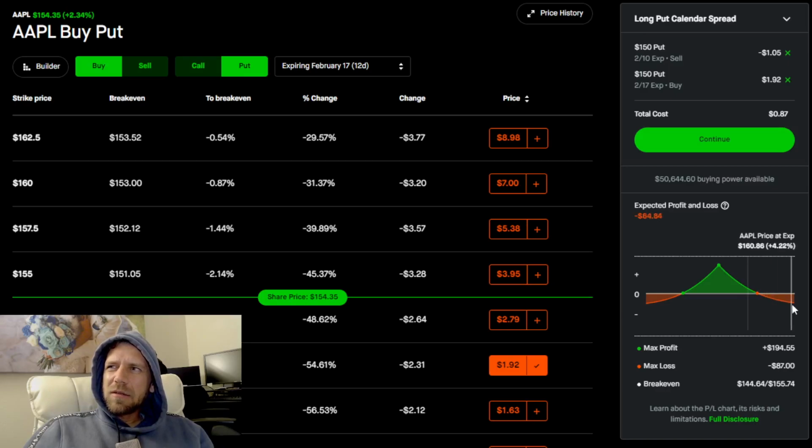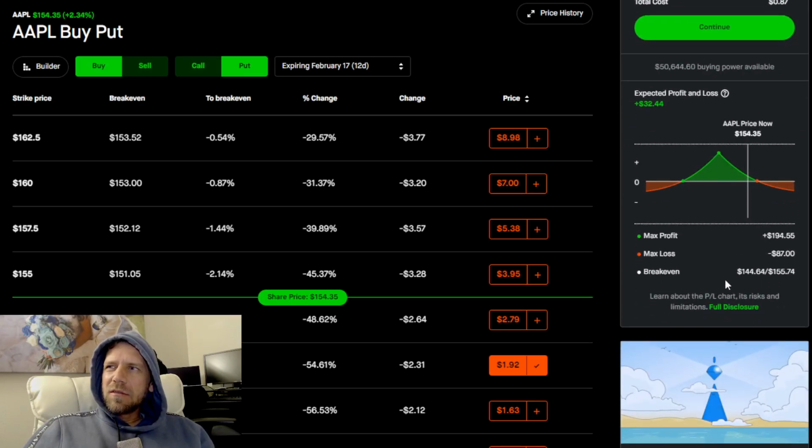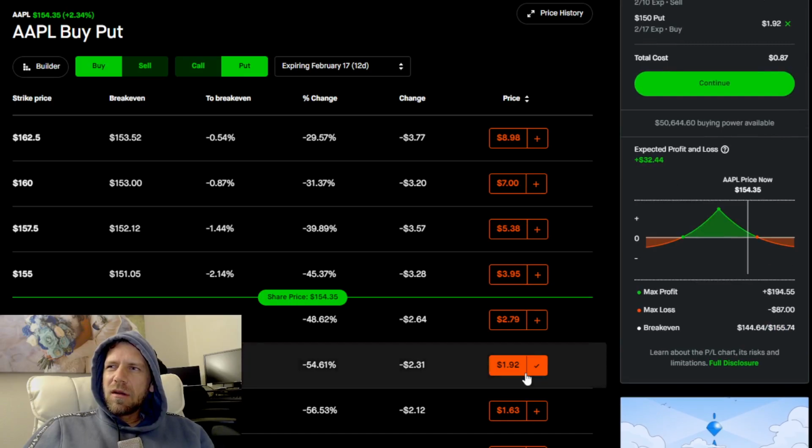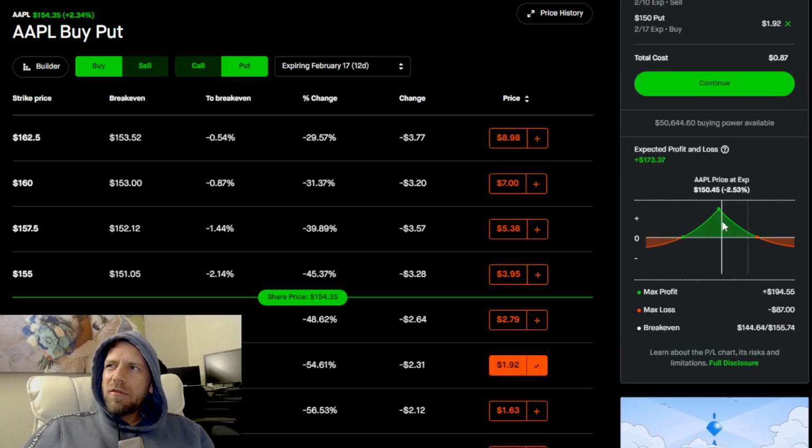In fact, I'm going to start losing money the higher it goes, until I lose all my $87, which I never will, but I'm going to lose almost all of it, which is the same as losing all of it. Over here it tells you the break-even price is somewhere between 144.64 and 155.74. Okay, so you're going to profit basically the closer you get to the strike price that you pick.